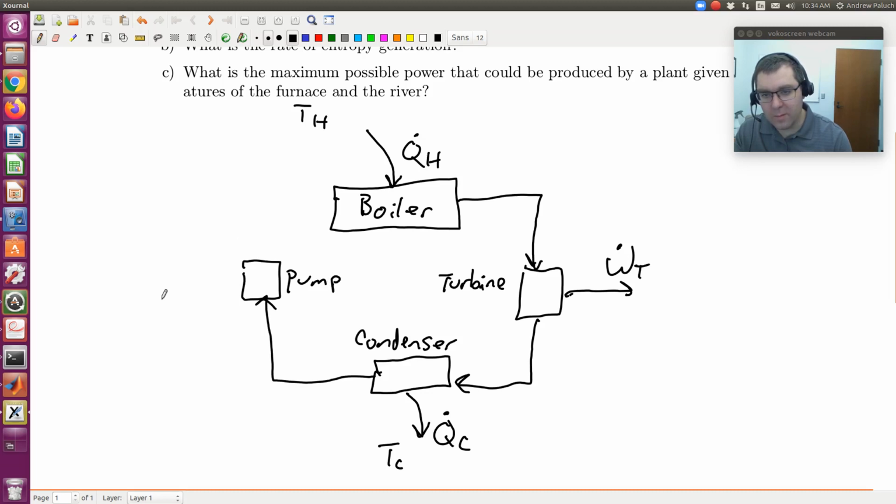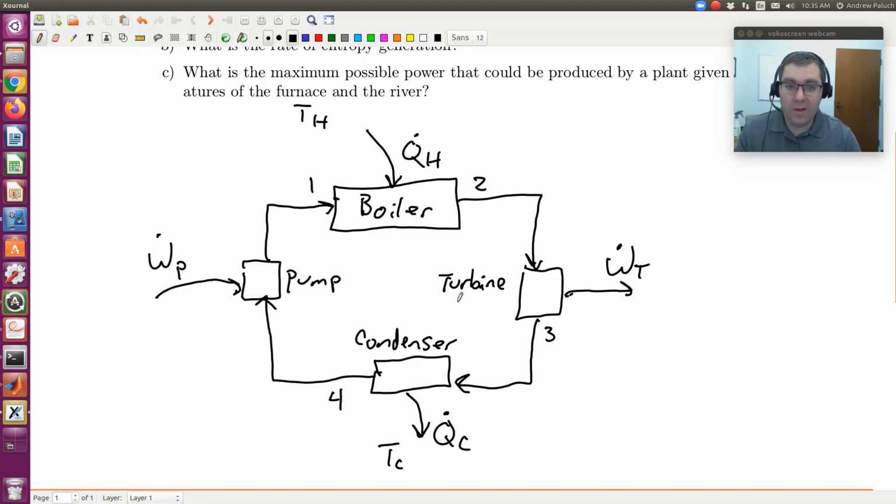Our pump's going to take some work in, and so I'll label that WP. And then from our pump, we go back to our boiler to complete our cycle. So I'll label this stream 1, stream 2, 3, and 4.